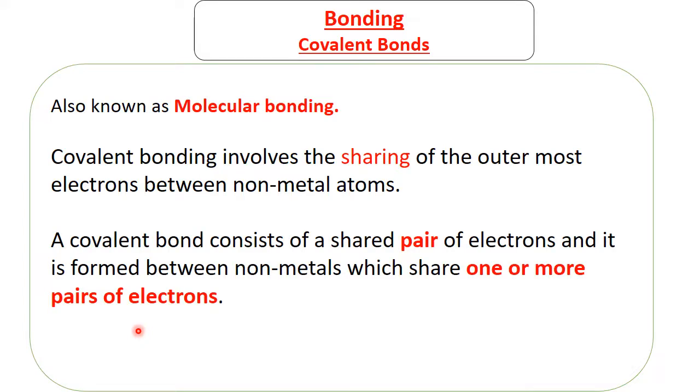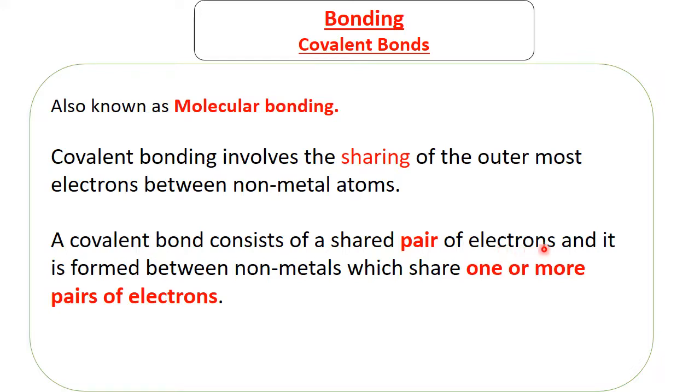A covalent bond consists of a shared pair of electrons, and it is formed between non-metals which share one or more pairs of electrons. So there are two important facts we can get from here. The first is a covalent bond consists of a shared pair of electrons. So a single covalent bond is made of two electrons which have been shared by the two atoms involved.